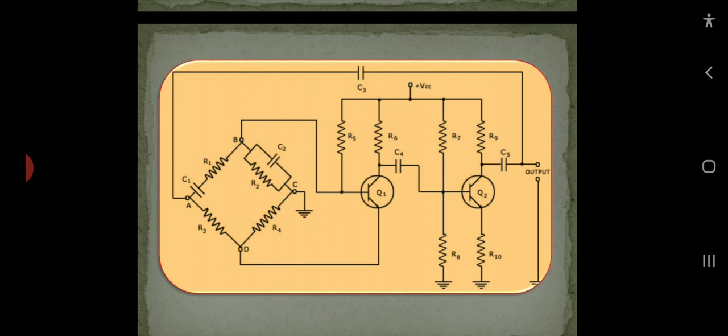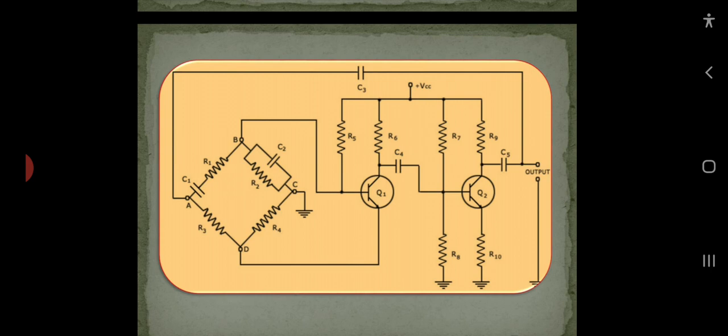The work of C4 is to stop the DC component and to pass only the AC component from the output of the first amplifier to the input of the second amplifier, and because of this C4 capacitor, the Q point of stage 2 is not disturbed. It remains in the active region, and the efficiency of Q2 remains unchanged. And VCC is the supply, by which we get the necessary voltages.